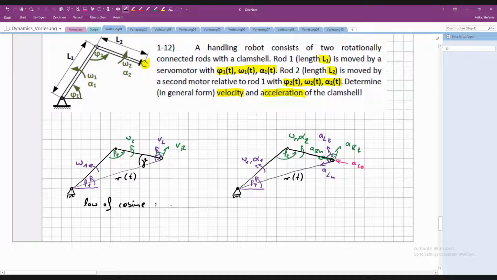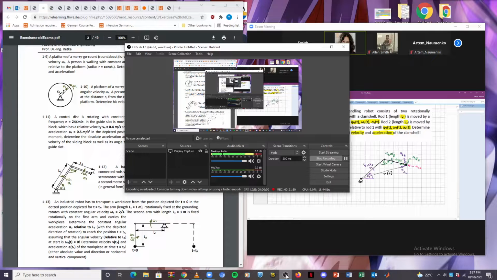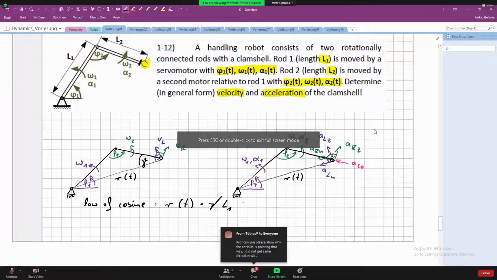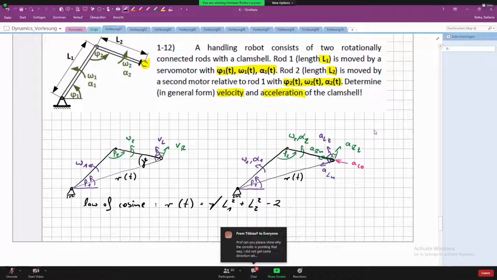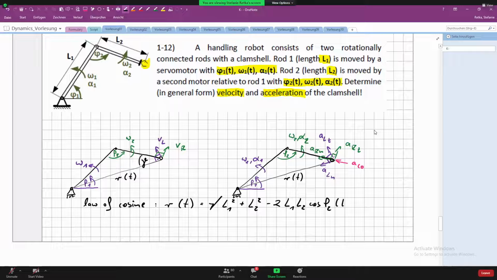So for the law of cosine, we can find the length r by building the square root of L1 squared plus L2 squared minus 2 L1 L2 cosine phi 2.